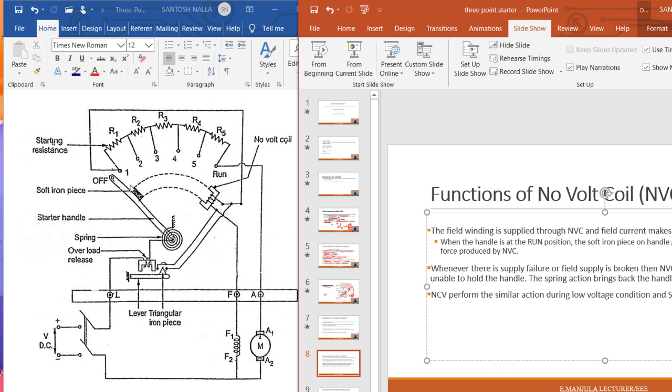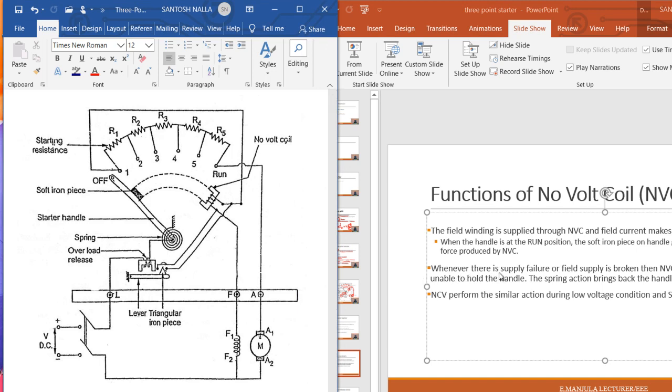As the current is moving like this through the coil, this NVC coil will get energized and the soft iron piece will be attracted by the electromagnet. This coil will act as an electromagnet.